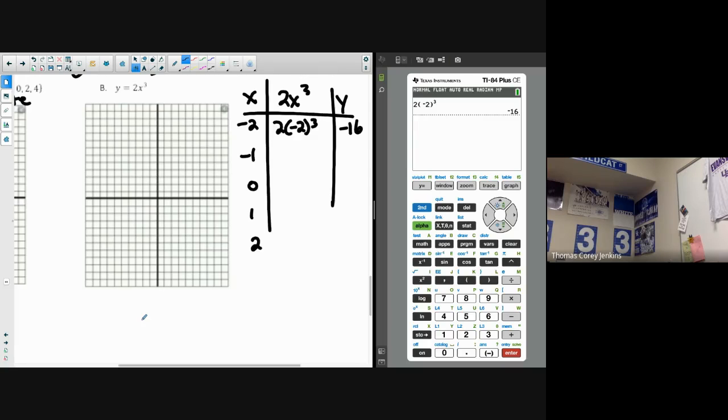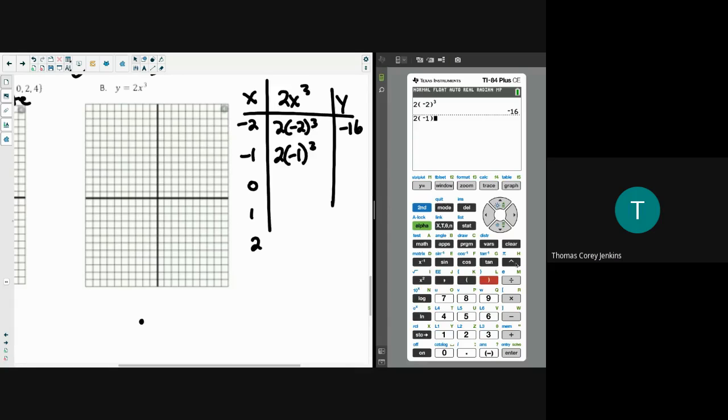Next one, we're going to sub in -1. So 2 times -1 cubed is what? 2 parentheses, -1, caret key 3, that's cubed, and then we hit enter. So that's going to be -2.